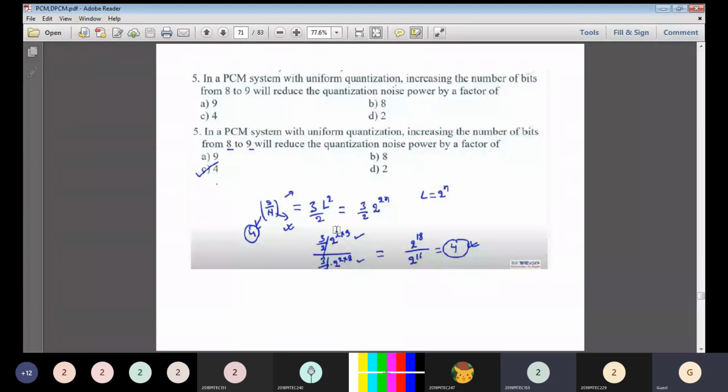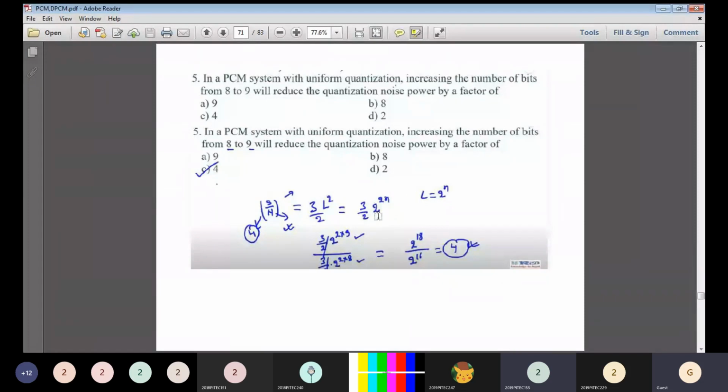So we have the formula S by N equal to 3 into L square divided by 2, where L is the quantization level. It will be represented as 3 by 2 into 2 power of 2n, where n is the number of bits used.